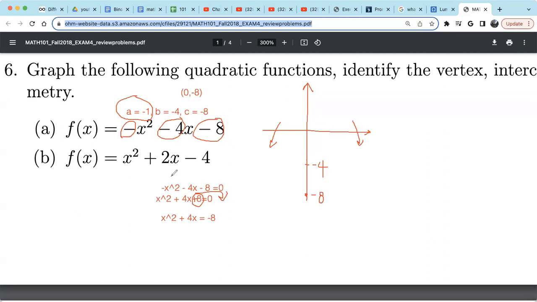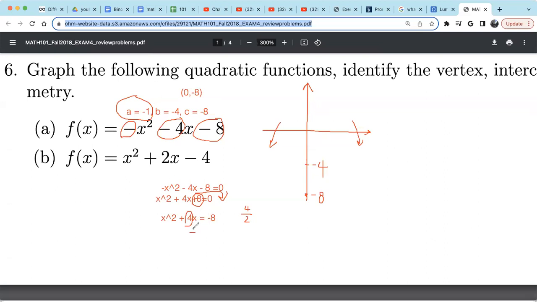So then I focus on the number before x, which is 4. So in my head, I'm thinking, what is 4 divided by 2? Well, it is 2, right? So that means I want to add 2 squared and add 2 squared on both sides.